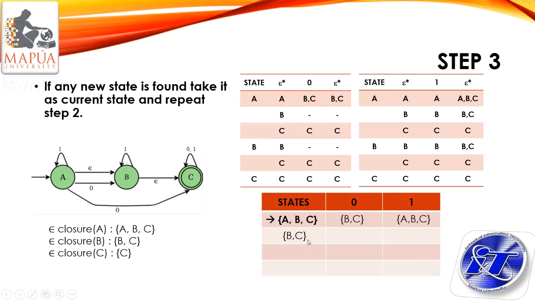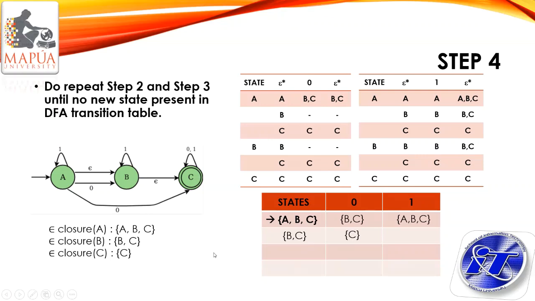At BC, at 0 it will just go to C, and if it's 1, BC union C is BC. We have a new state here which is just C. If it's 0 it stays with C, and if it's 1 it stays with C. This is the final transition table for the DFA, since all states have paths.